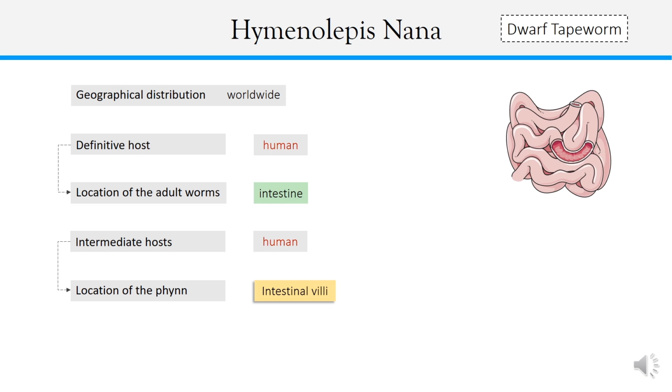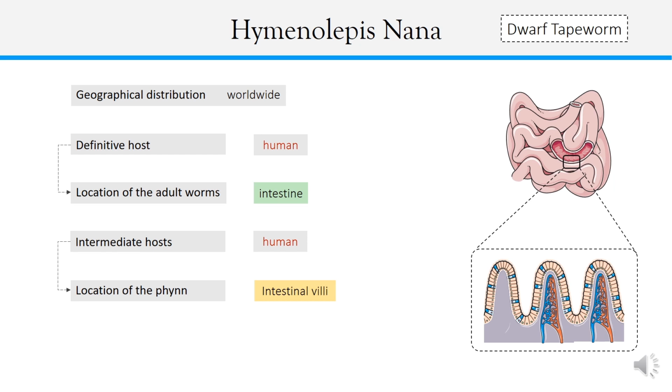Here you may see a magnified illustration of the internal space of the intestine, and a nice schematic representation of the intestinal villi. The morphological type of the fin characteristic for Hymenolepis nana is called cysticercoid.